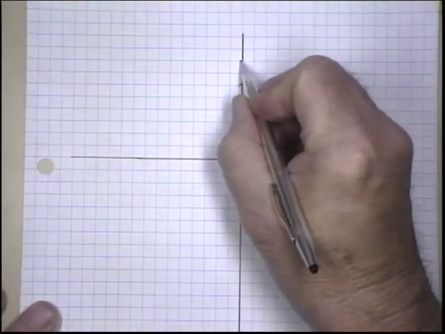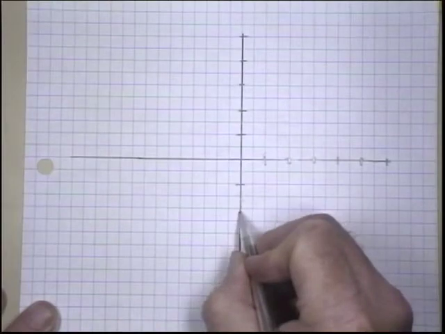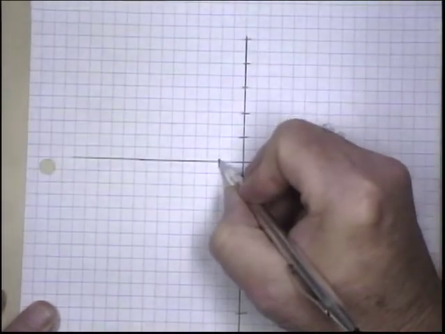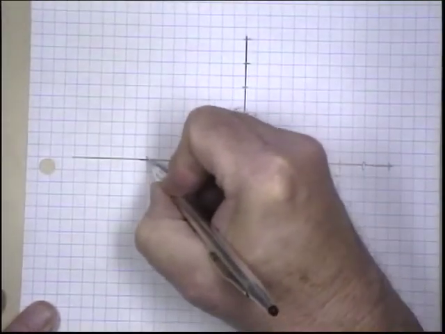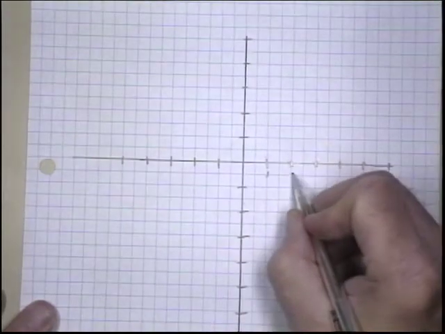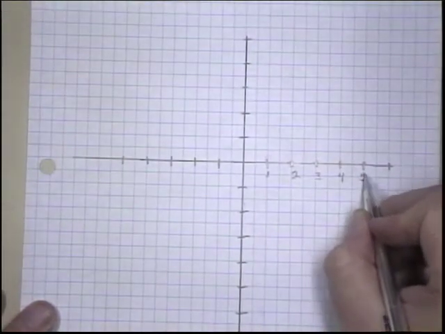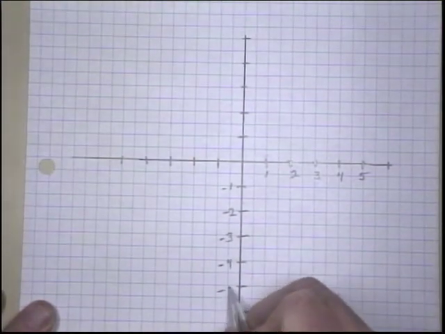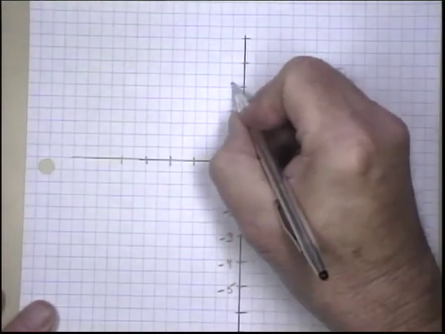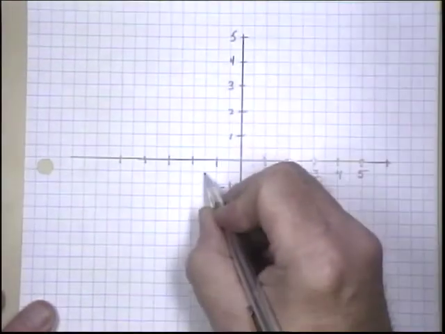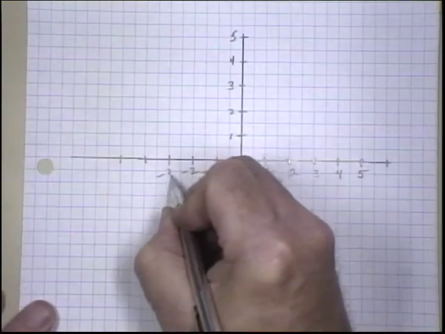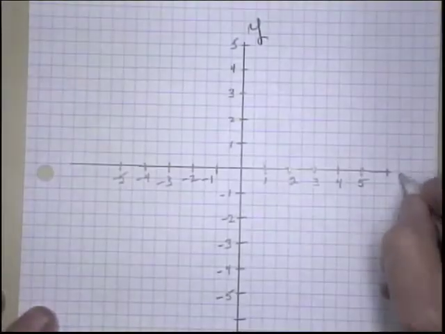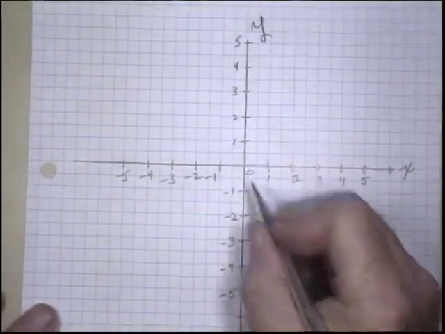So each of these little hash marks equals 1 unit. All right, and we go 1, 2, 3, 4, 5, and -1, -2, -3, -4, -5, and the same on the y-axis. We label our axes. This is y, and this is x, and this is 0.